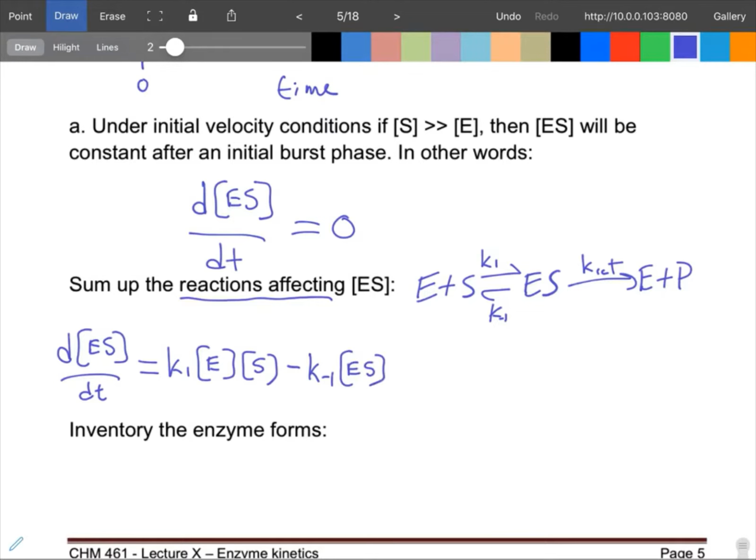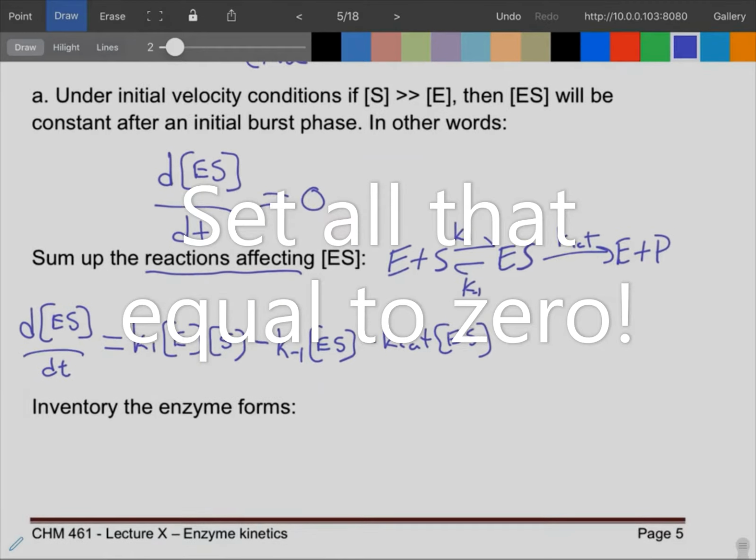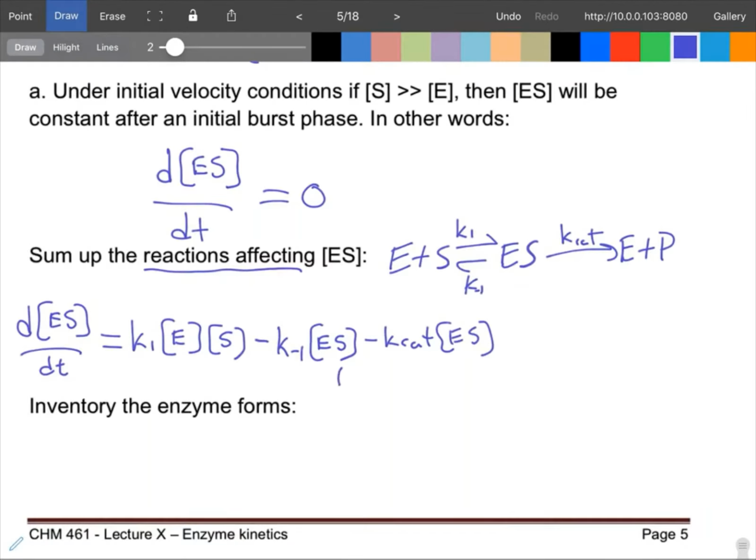I also have the Kcat term removing enzyme substrate complex, so we're going to subtract Kcat times ES. And what we're going to do is rearrange all of these terms and solve for ES. So I guess this is my little rearrange squiggly.